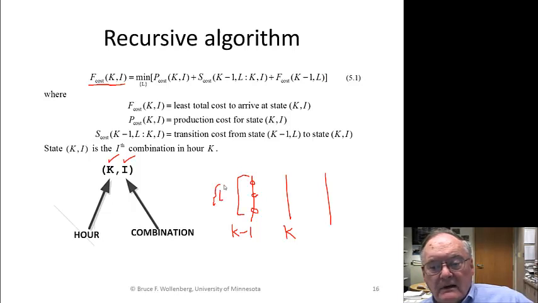That's the set of combinations. They don't have to stack up 1, 2, 3 like this, but 3 states. So we're going to go over L. We're going to look at each set of transitions from the unit combinations in L over to K.